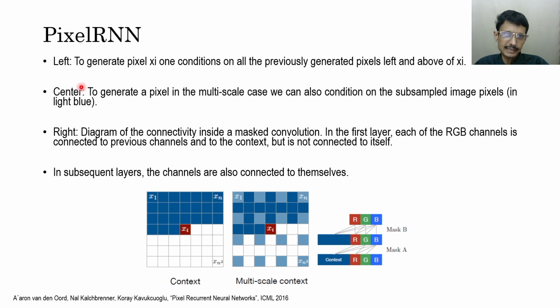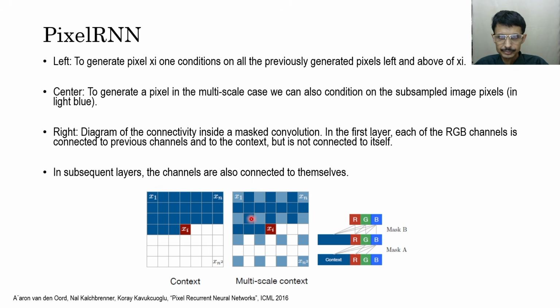Now there are three basic things: left, center, and right. Left: to generate pixel x_i, we condition on the previously generated pixels to the left of and above the pixel. Center: to generate a pixel in the multi-scale case, we can condition on the subsampled pixels, in light blue. These are the center pixels.